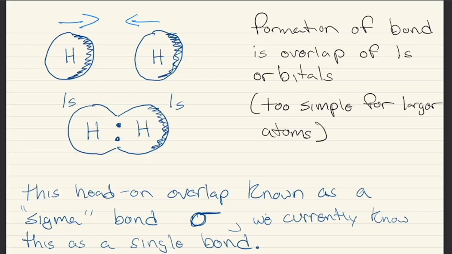And essentially what we have shown in the case of a very simple molecule such as hydrogen is that once the two electron clouds, or the two electrons, one for each hydrogen, get close enough to one another, they can overlap to some degree, and the minimization of energy, because we have now made protons and electrons interact with one another at a distance that is favorable energetically, we create a single bond, right?